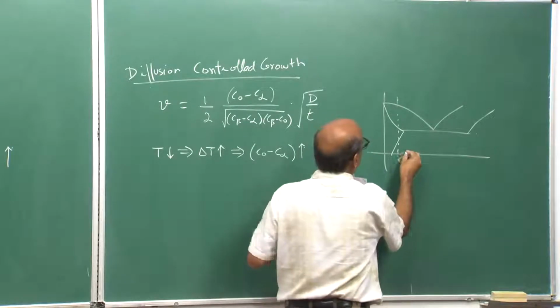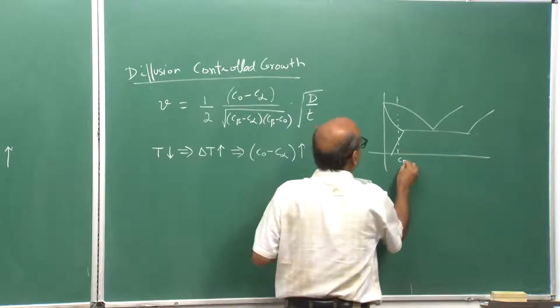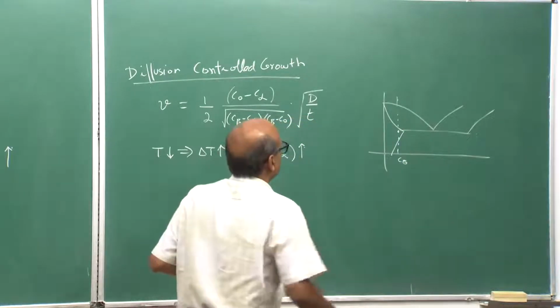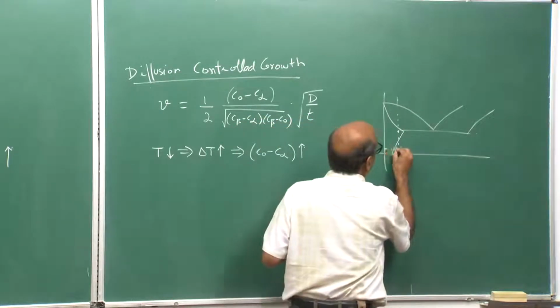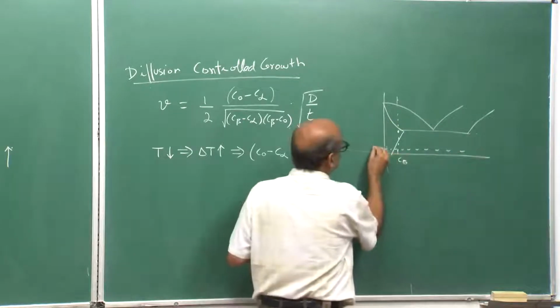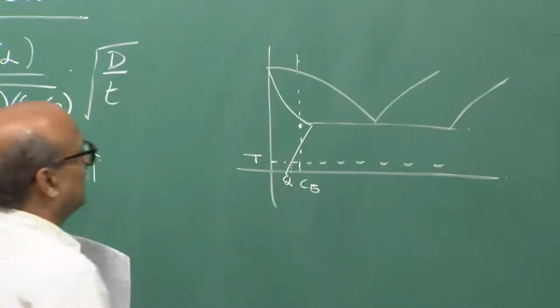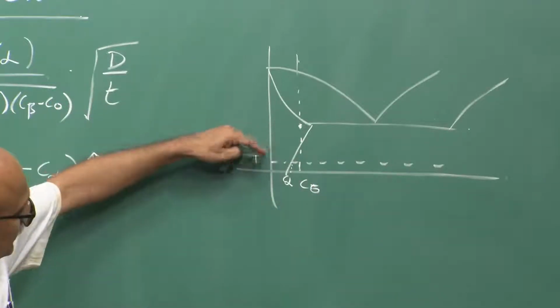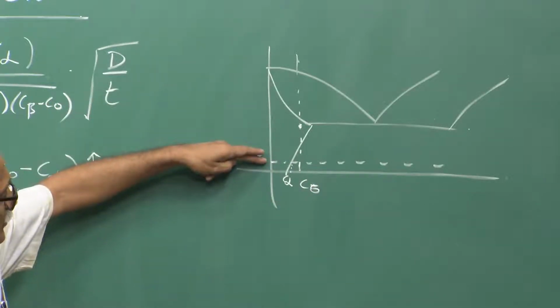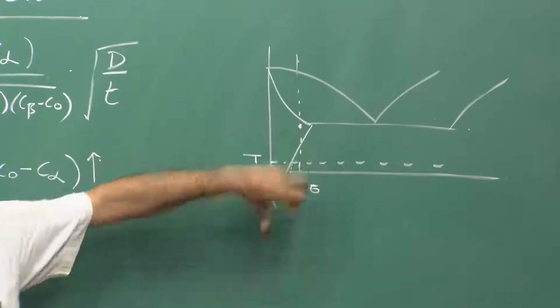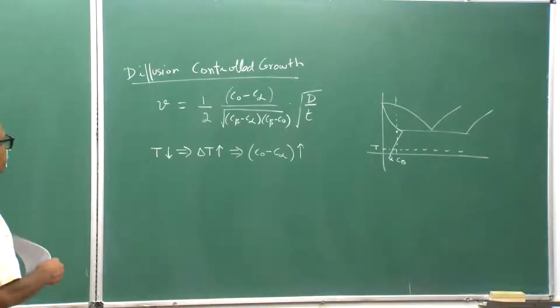This is C naught, the chosen alloy, and we are looking at growth rate at some particular temperature, and this is C alpha. Very clearly, as the temperature of transformation is reduced, C naught minus C alpha would clearly increase.